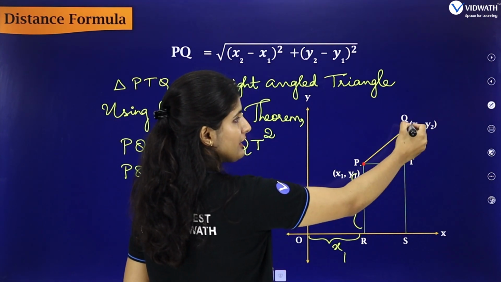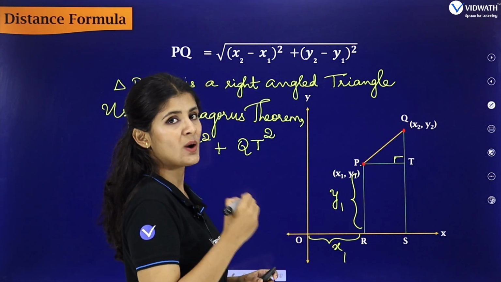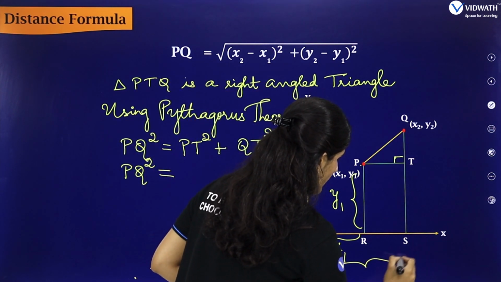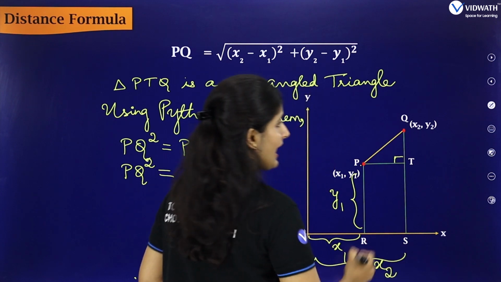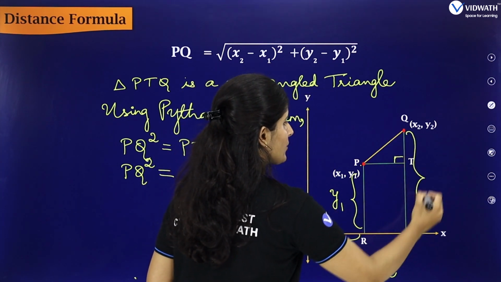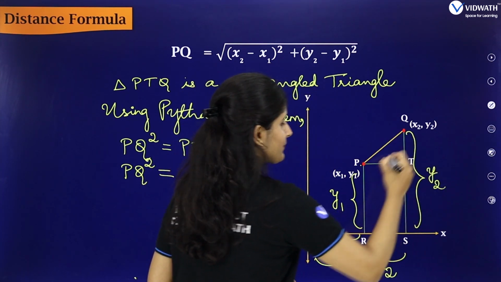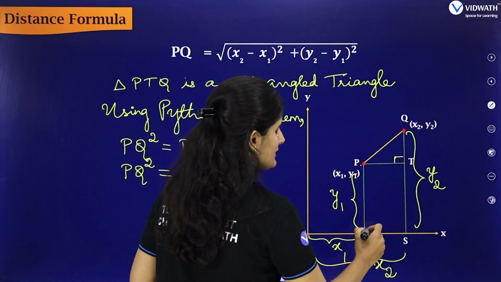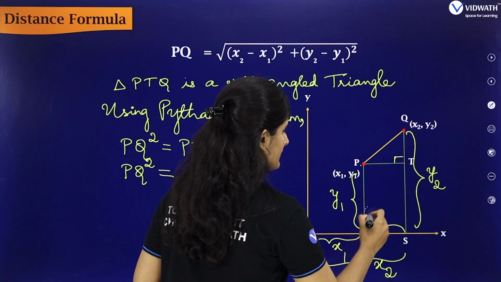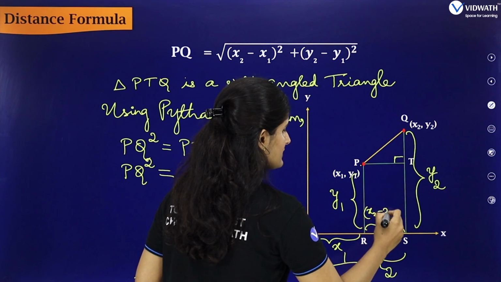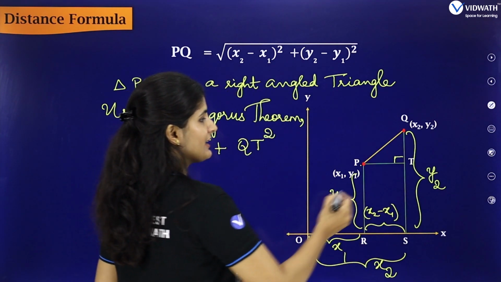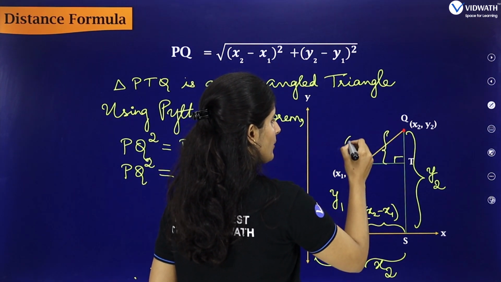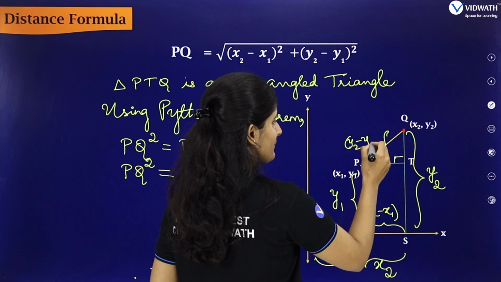Similarly, with the information that Q has coordinates x2, y2, I can say the distance OS is x2 and the distance QS is y2. Also, the distance RS here is nothing but x2 minus x1 and the distance QT here is y2 minus y1.